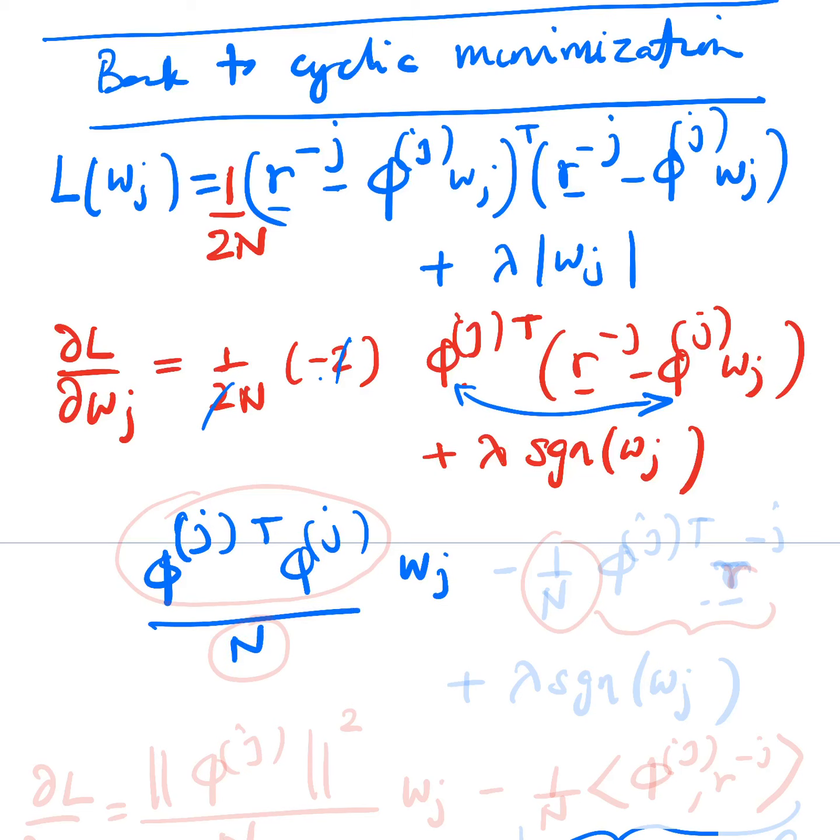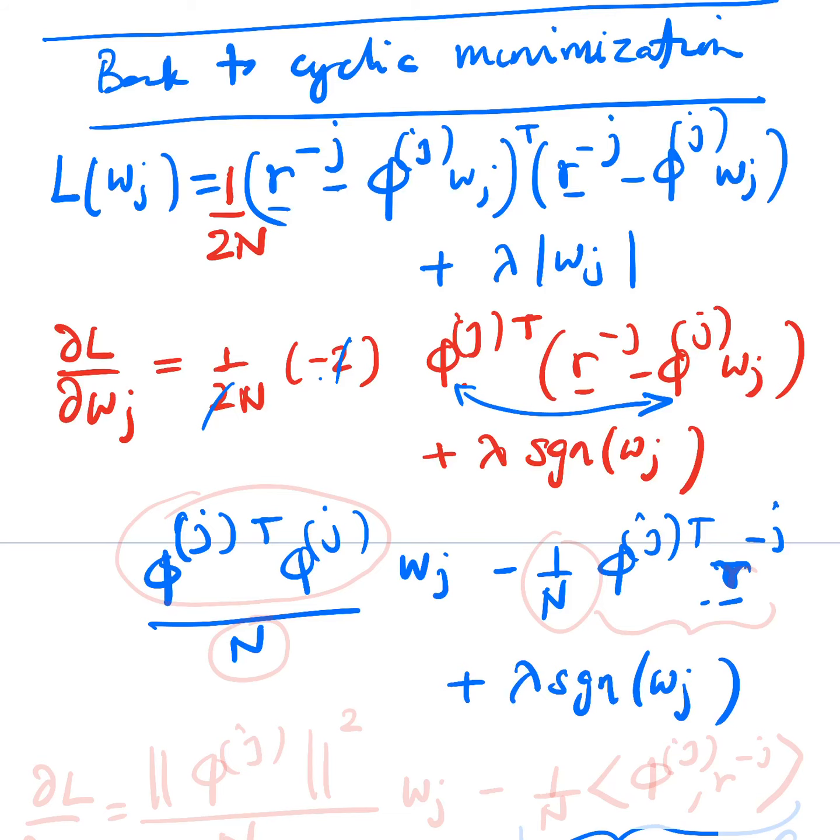And then I have the negative term, which is phi j transpose r of minus j, so minus again 1 over n phi j transpose r of minus j, plus lambda sign wj. That's my derivative.